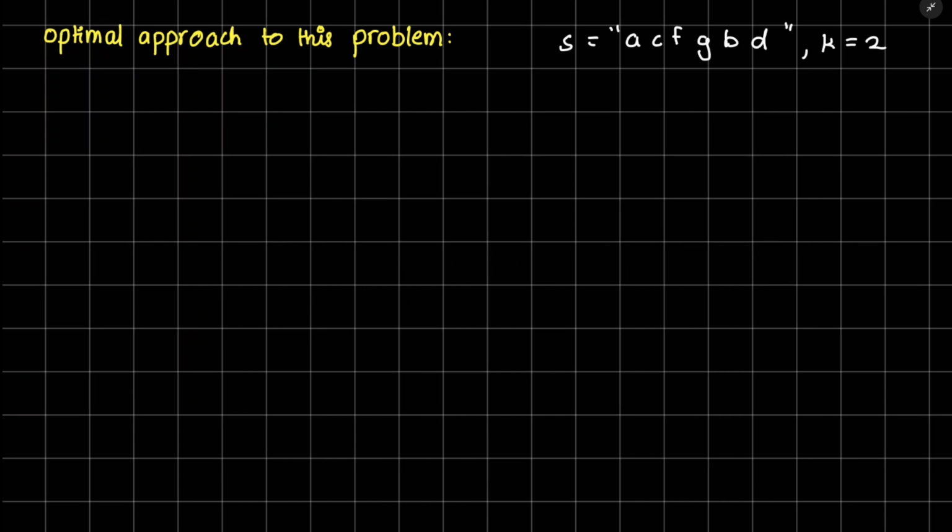We'll make a DP array of length 26 to represent each character. So let me make the DP array.